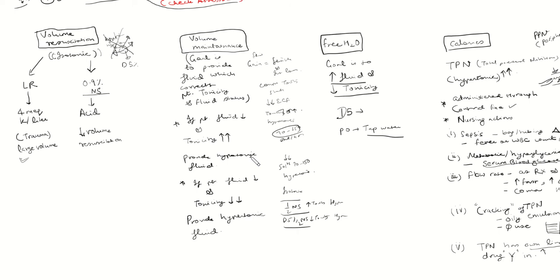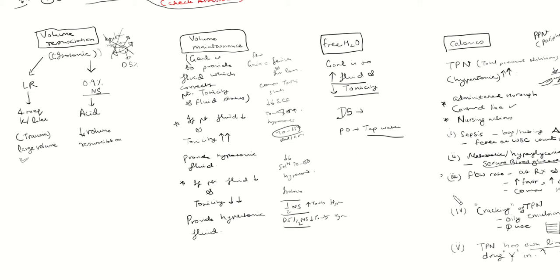Their ECF is going to be down. That's why you're giving them volume. Their fluid status is going to be down. But what would determine it would be their tonicity. So if a patient is more hypotonic, then one may prefer giving hypertonic maintenance fluids 70 to 150 ml an hour and vice versa.